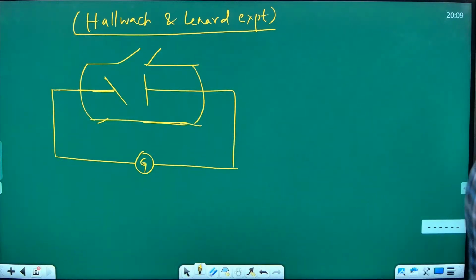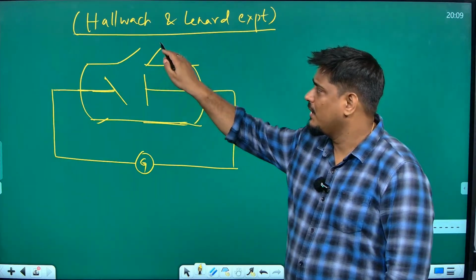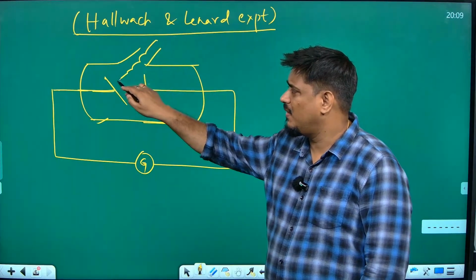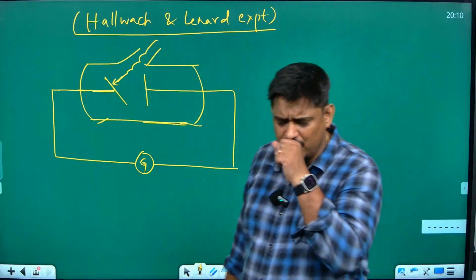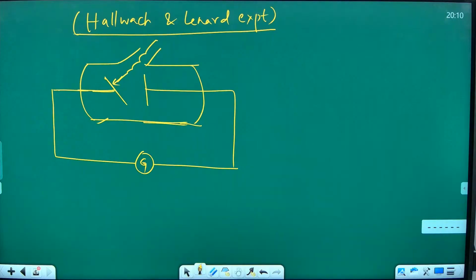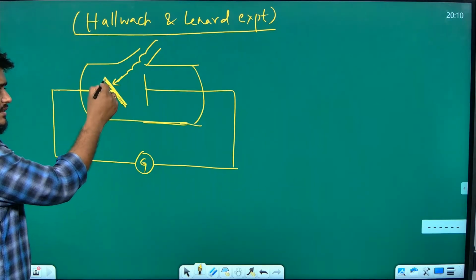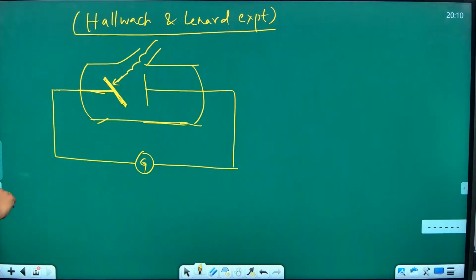But now I am talking only about the basic experimental setup, where we have an opening, and from the opening we can make the incident radiation come inside. This plate is the metallic plate where the light will hit.